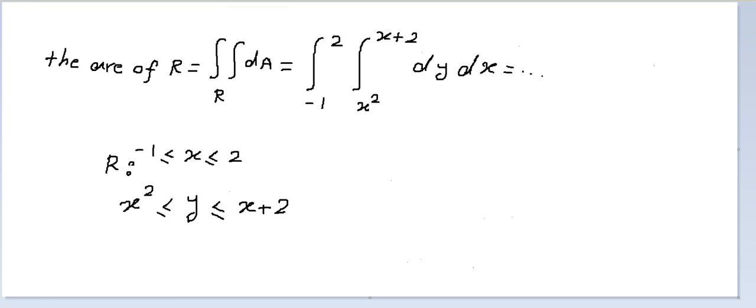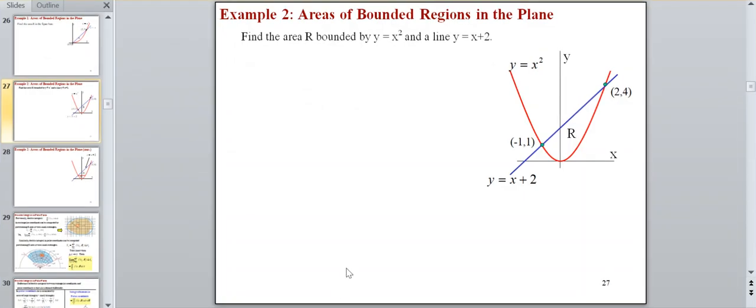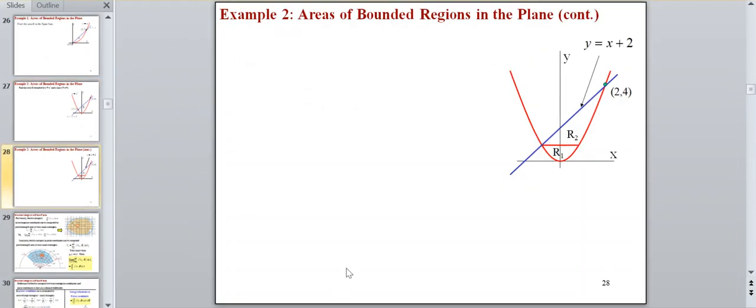And one more point that I want to mention about this example: look at here on page 28. It's the same example. You can see the region R is divided into two regions, R1 and R2. We don't have to do this. I already showed you how to solve it.